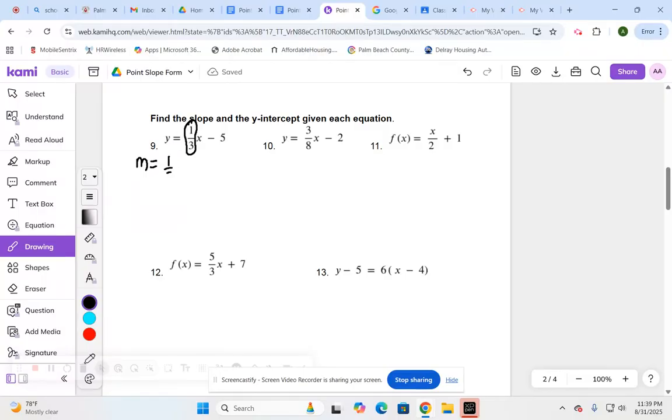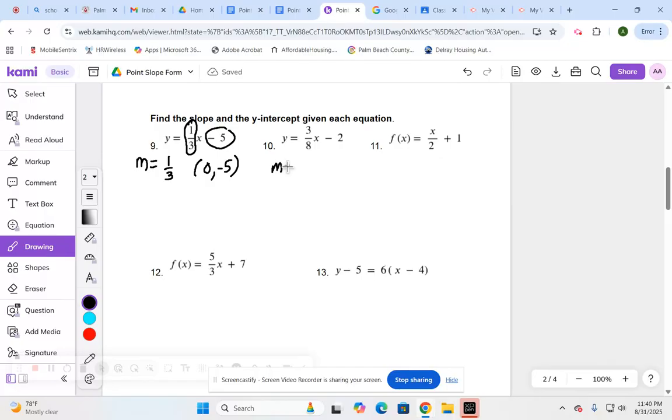The slope is 1/3. And this is the y-intercept. Because this is in slope-intercept form, this is the y-intercept. So this is where the line crosses the y-axis. So if this is where the line crosses the y-axis, if y is negative 5, that means x is 0. So that's our y-intercept.